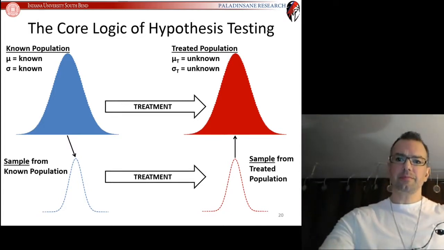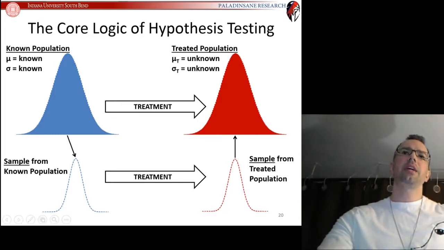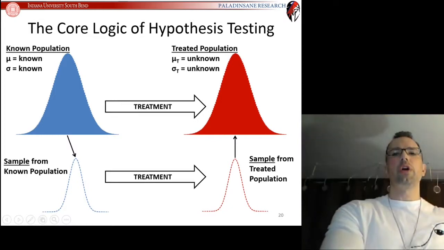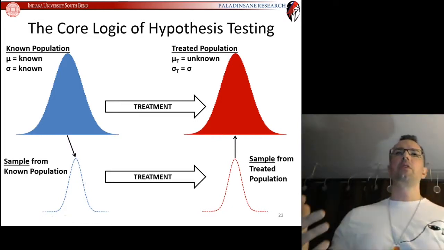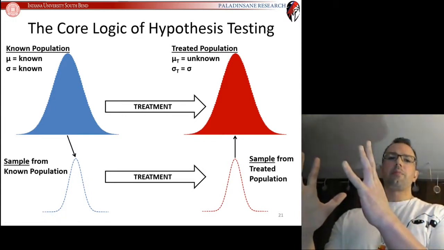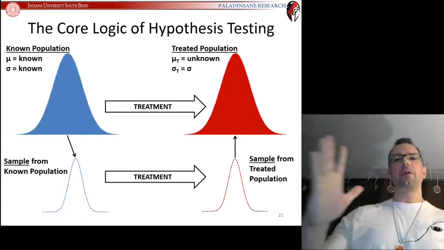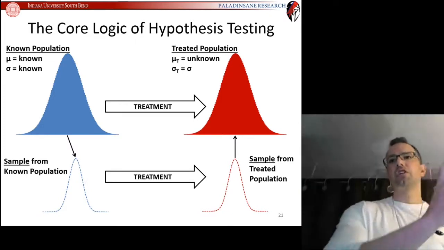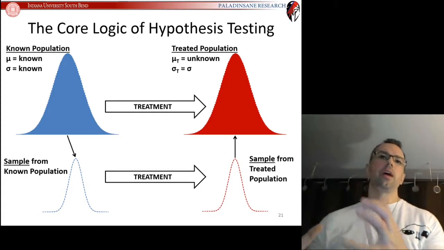A couple of more things we need to establish here. First off, one simplification we're going to use is that the standard deviation of your treated population, we're going to assume that that is the same as the standard deviation of your original population. So in other words, our treatment is simply going to move the mean of the population, but it's not going to do anything to stretch or squeeze the distribution of this population.